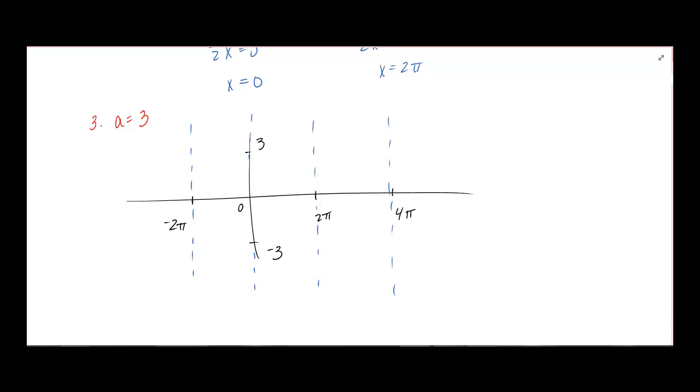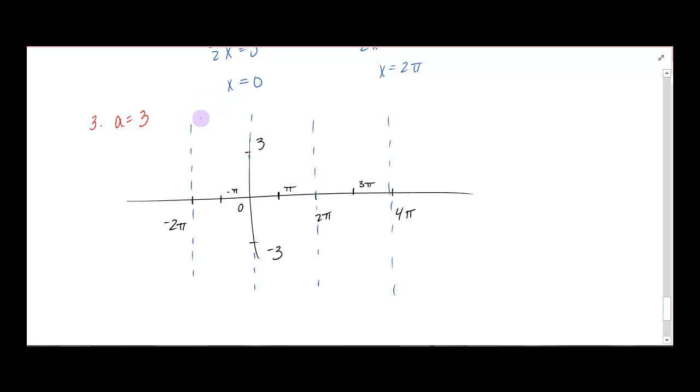Now I do want to mark on this graph where my function is going to cross the x-axis. So halfway between negative 2 and 0 would be negative pi. Halfway on the other side is positive pi, and halfway between 2 and 4 is just 3 pi. So in each of these places is where my cotangent function is going to cross the x-axis, and I know cotangent is going to be a decreasing function.